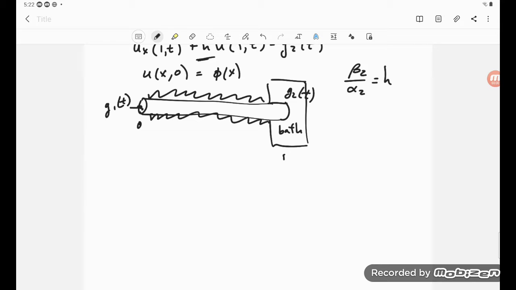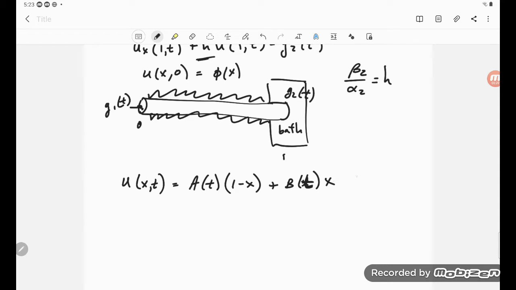The difference is they say, okay, let's let u of x and t, again, I'm going to get rid of the L, so I'm going to have some a of t times 1 minus x plus b of t times x, and then plus uppercase U of x and t. So this is how they suggest redoing the problem.